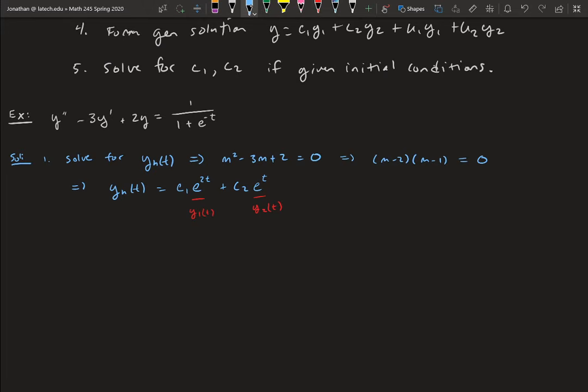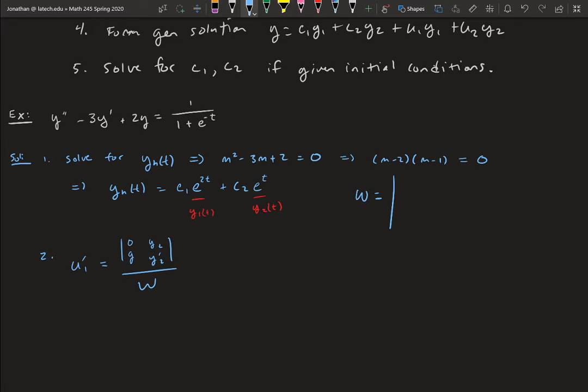Now, step 2, set up the determinants. u1 prime is equal to the determinant of 0, g, y2, y2 prime over the Wronskian. So what's the Wronskian? Just calculate that really fast.